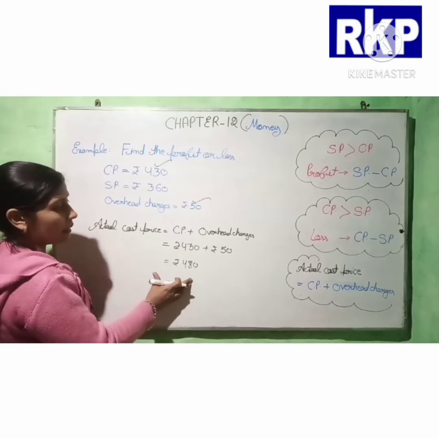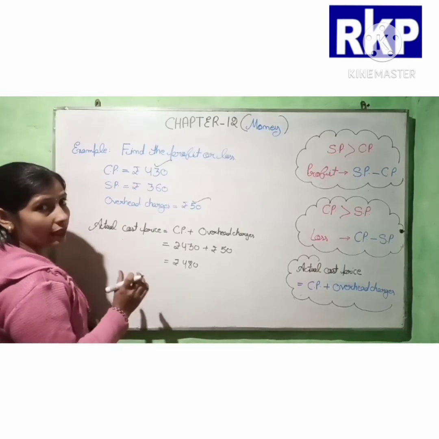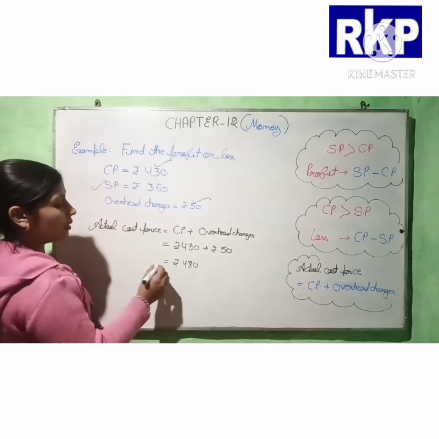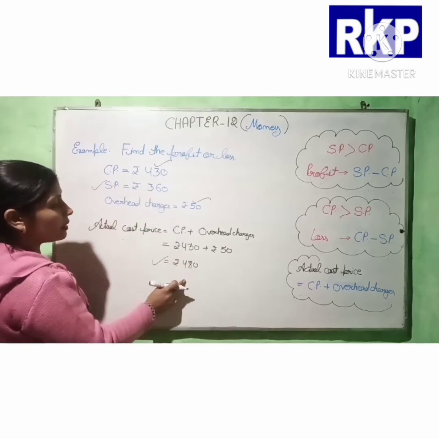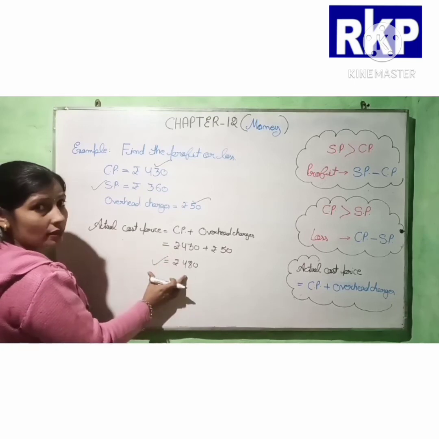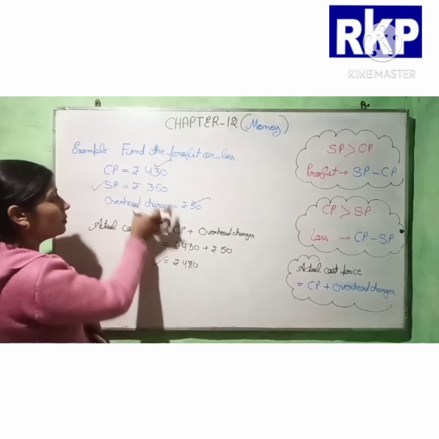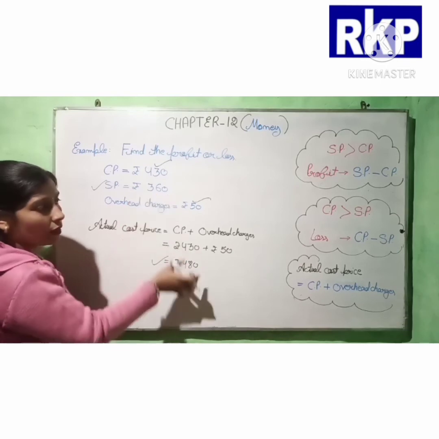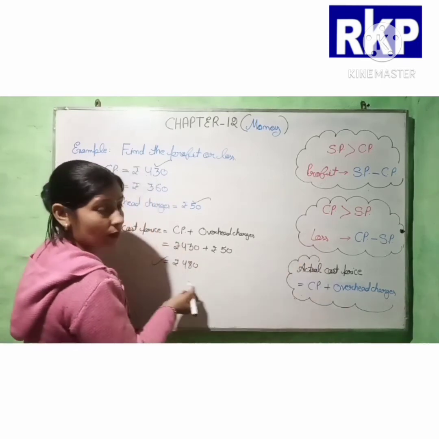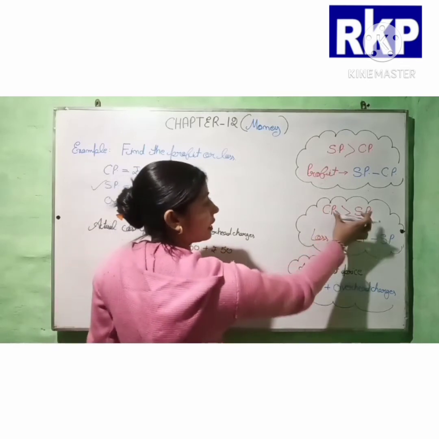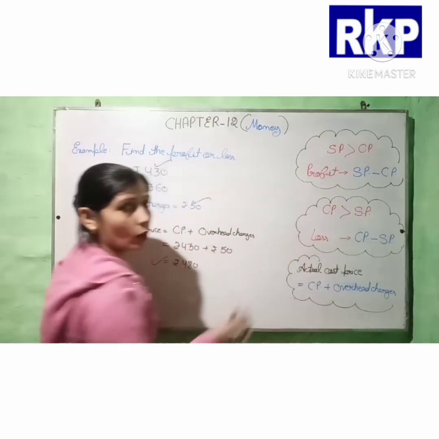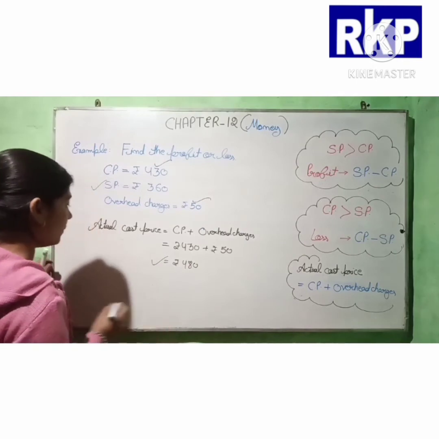Now we have to check which value is greater, SP or this CP. Here you can see our cost price is greater than selling price. So if cost price is greater than selling price, then there will be loss.